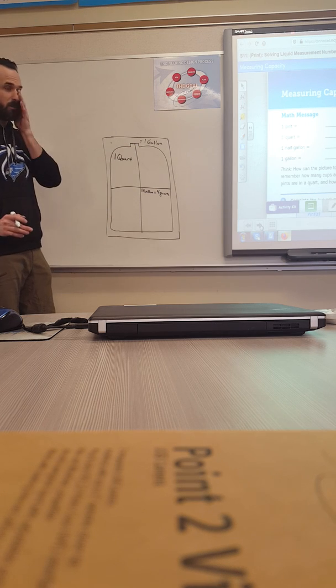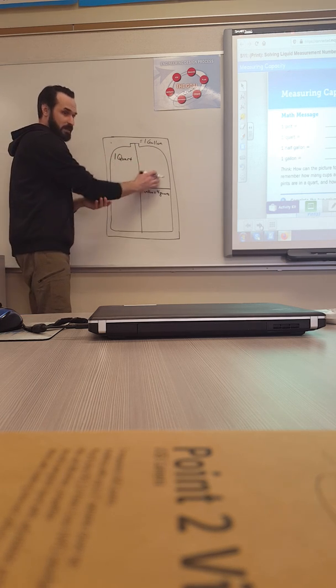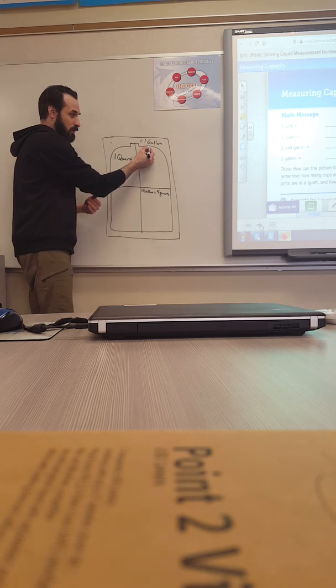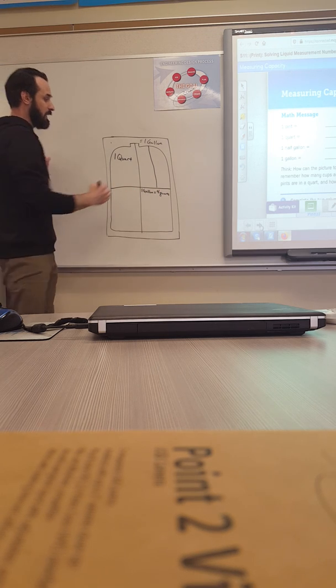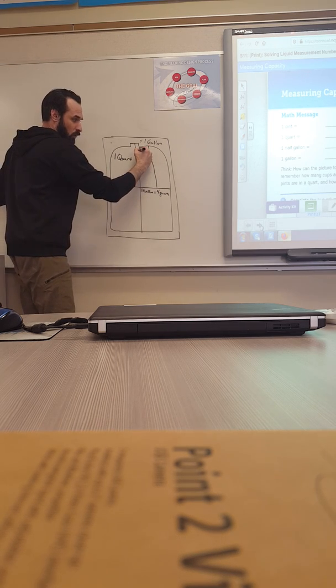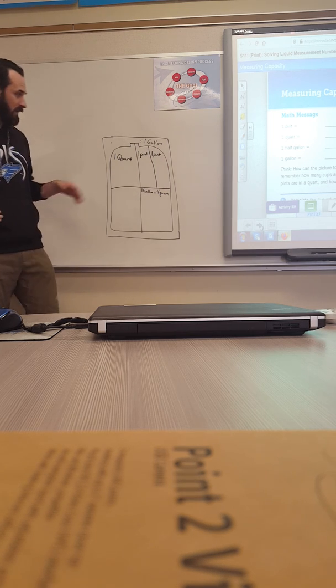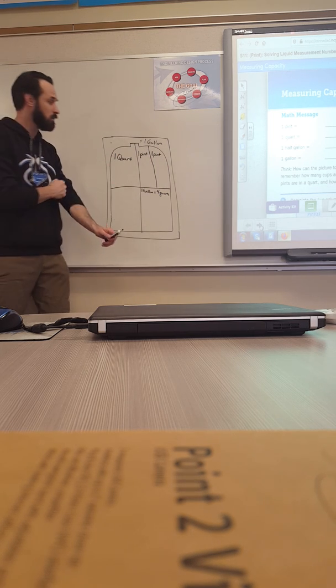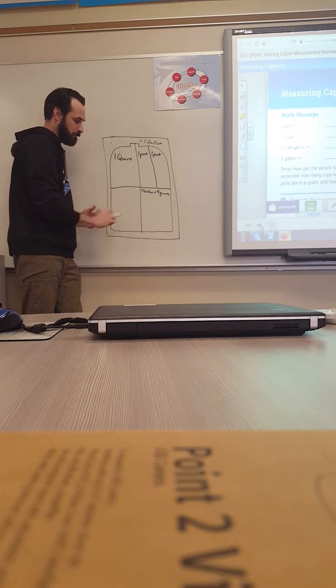The next thing that we need to break this down into is pints. We're going to use this quart right here to show how many pints there are. All you do is split your quart in half. And each half of this is 1 pint. So how many pints would be in a quart then? 1, 2. 2 pints in a quart.